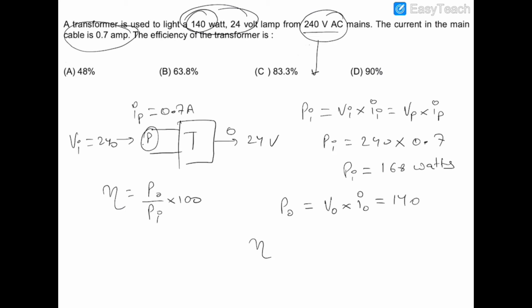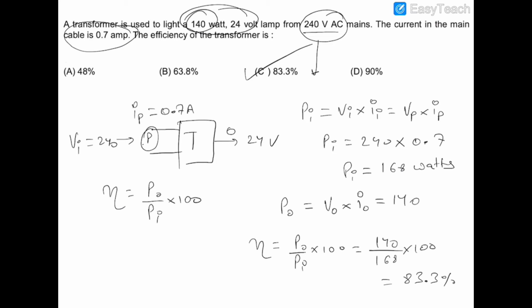So the efficiency will be the power output upon power input into 100. So that would be equal to 140 upon 168 into 100, which is equal to 83.3%. So the correct option is option number C.